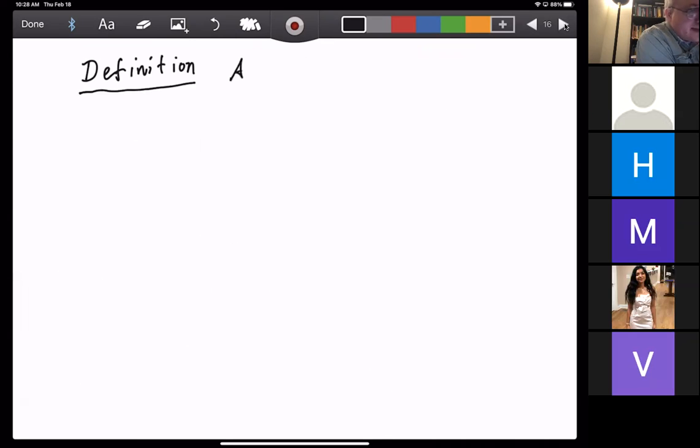So exactly what we're doing is the following. We're looking for the so-called row reduced echelon form.